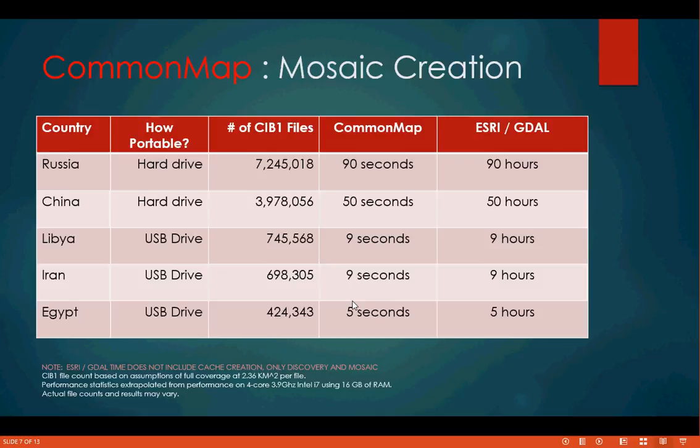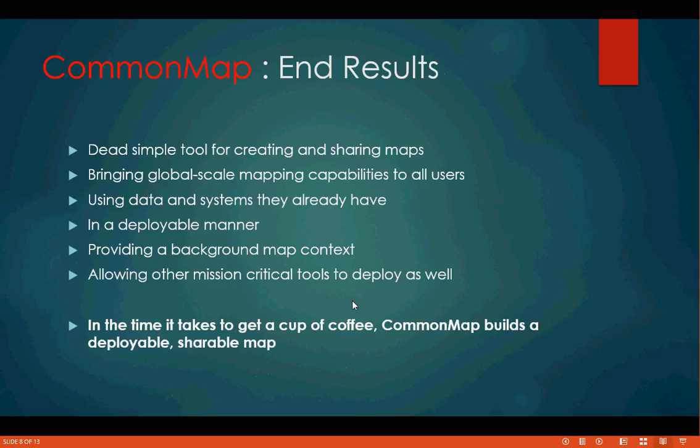Well, with something like Esri, if I were to try to add all of the SIB1 corresponding to Russia using add raster to mosaic, for instance, that would take 90 hours. So the reason we haven't seen other tools use RPF effectively before is because they are not as fast as CommonMap. CommonMap does in 1 second what other tools take 1 hour to do.